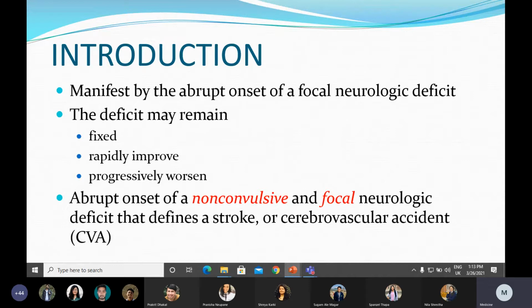The abrupt onset should be non-convulsive, and it should be a focal neurological deficit. These two words are very important when you define a stroke: non-convulsive and focal neurological deficit. So we generally define it as an abrupt onset of non-convulsive and focal neurological deficit that would define a stroke or CVA.